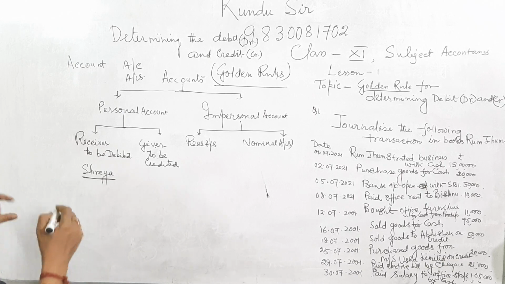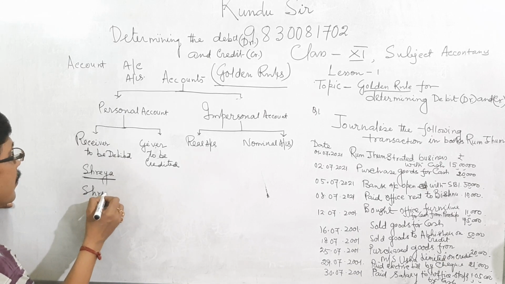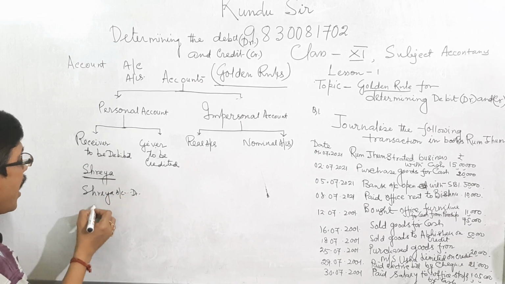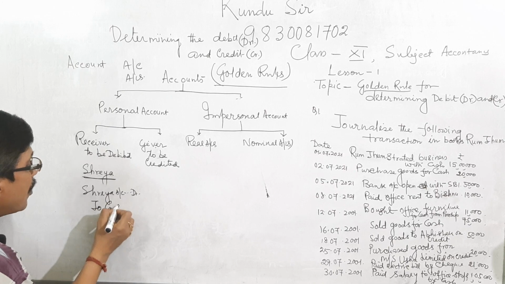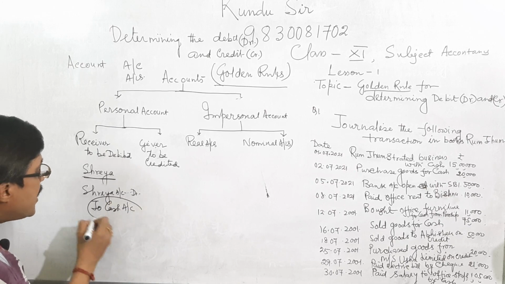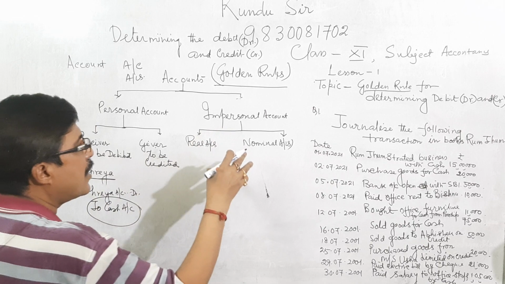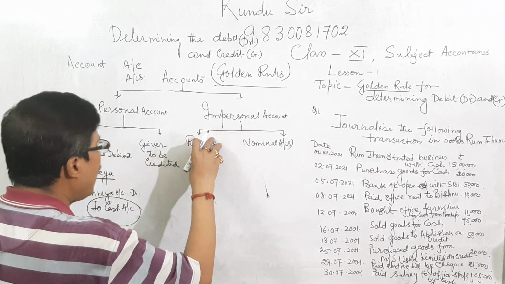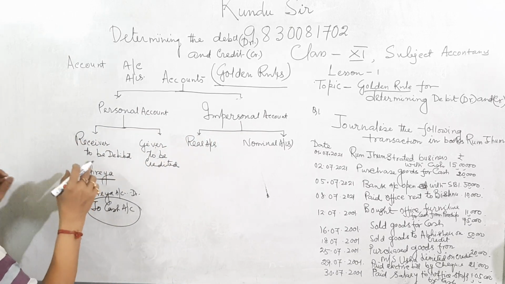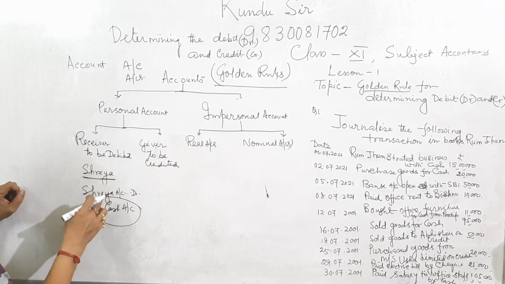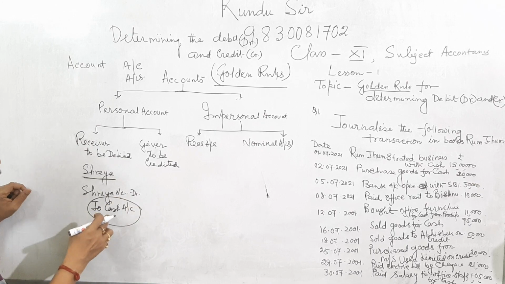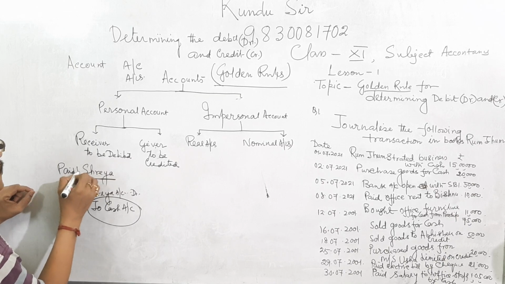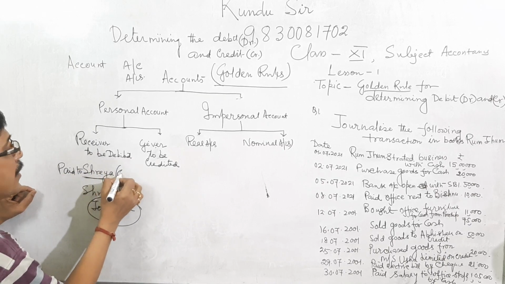In your book, Shreya account will be debited and cash account will be credited. This portion I will discuss in the impersonal account under the head real account. That means Shreya is the receiver: Shreya account debited to cash, paid to Shreya, within bracket cash.